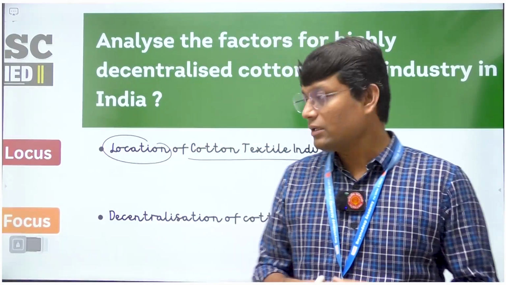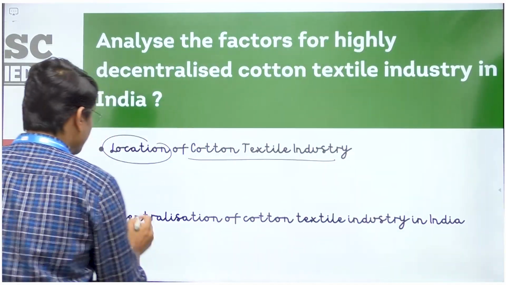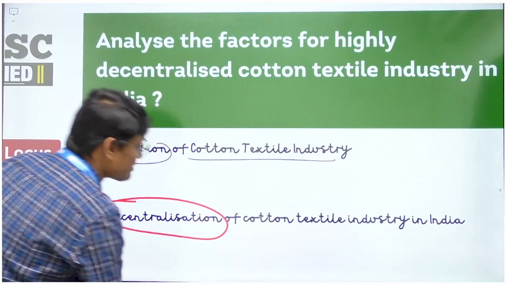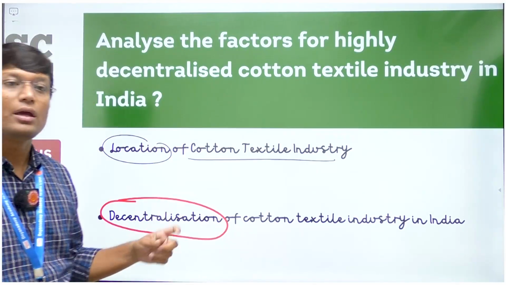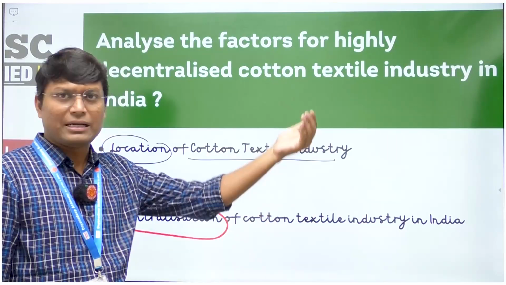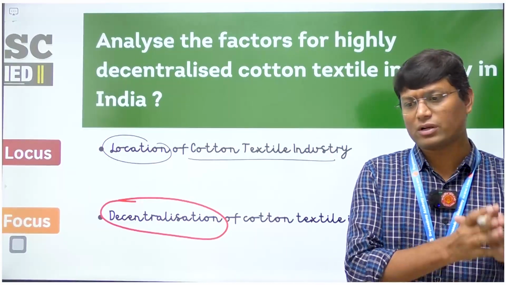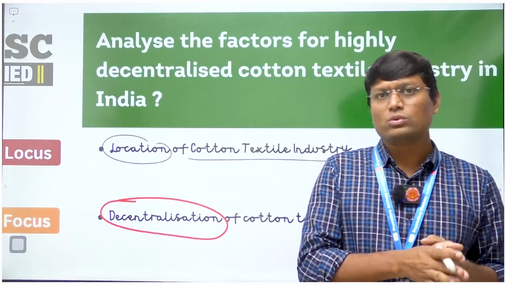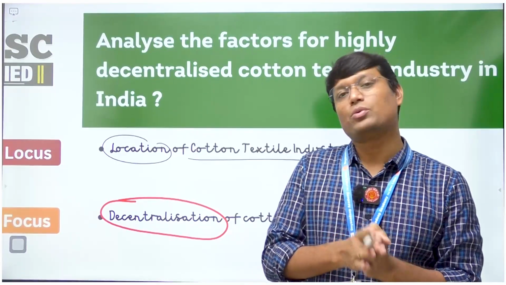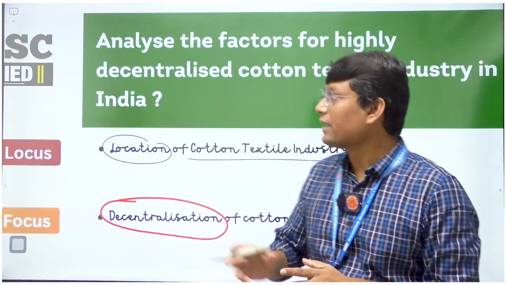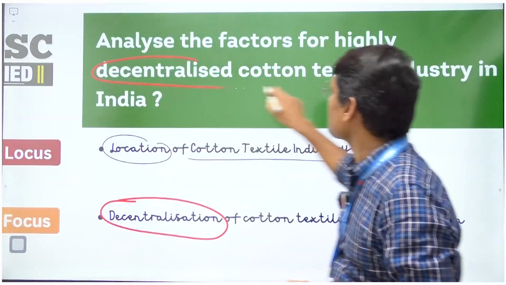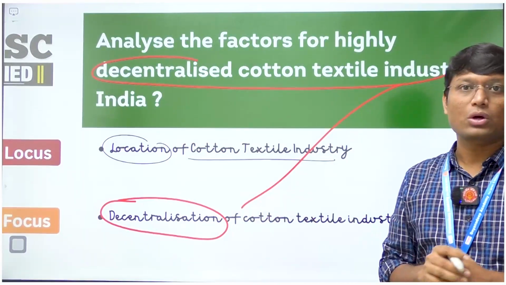Fine. And in focus, we have to talk about the decentralization which has happened in the last few years. If you look at the data of the last few years, or the nature of cotton textile industry in India, you will find the cotton textile industry is now fairly distributed all throughout India, and that is the decentralization we are supposed to answer.